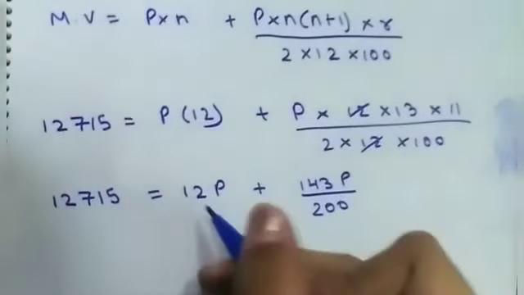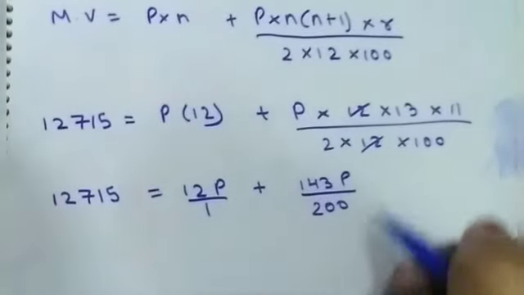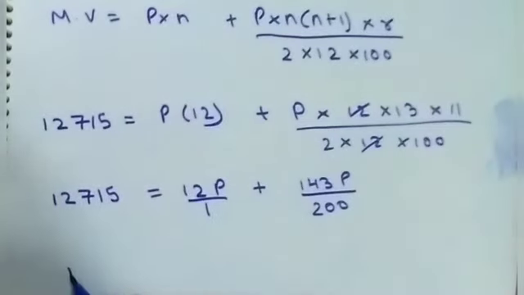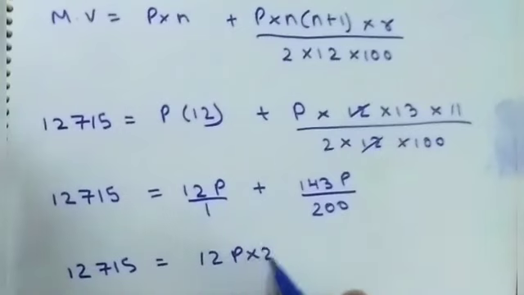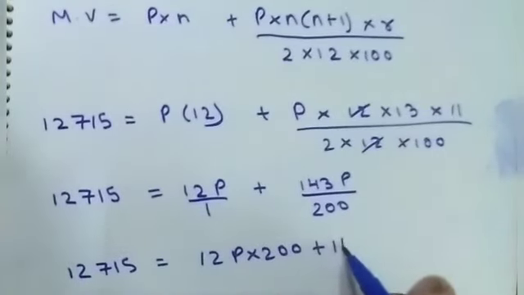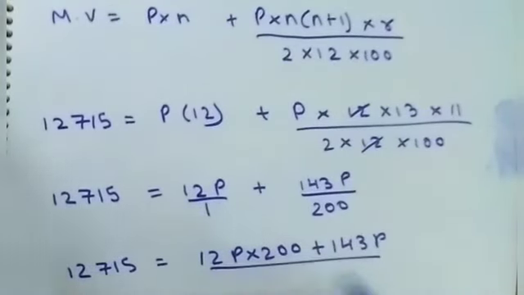So we will take LCM. Here it is 1, here it is 200. So LCM would be 200. So what we will do is we will multiply 12P into 200. This 143P would remain as it is, divided by 200. Now this 200 would go on the LHS.